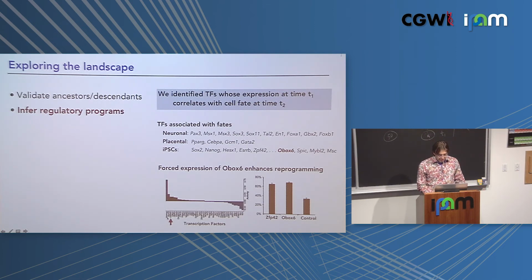The top 2, Nanog and this other one, are both known genes. This one, number 3, OBOC6, was a gene that wasn't previously known to be related to reprogramming, and we found that it doubled the chance of cells becoming iPS. So we ended up with twice as many iPS cells when we turned that gene on artificially at the end.